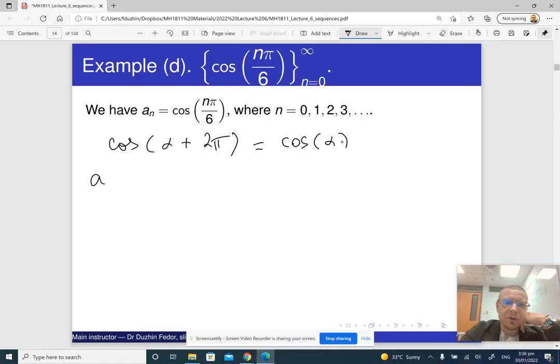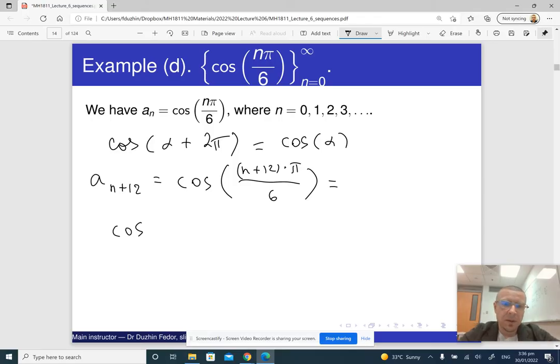If you want to compute a_(n+12), this is cosine of (n plus 12) times pi divided by 6, so this is cosine of n times pi over 6 plus 12 times pi over 6. But 12 times pi over 6 is just 2 pi.